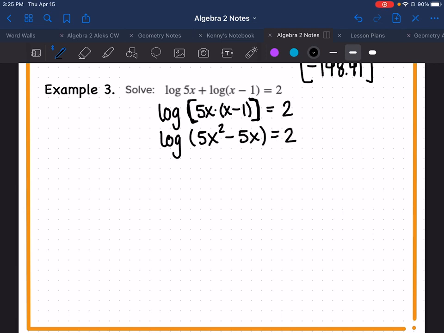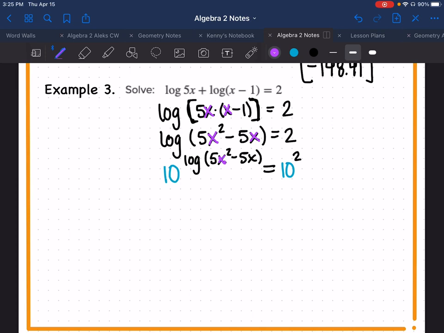Now I think I can use the inverse property to solve this problem. The base of my log is 10, so I'm going to raise both sides to the 10th power. And this side will be 10 to the second power, because when I'm solving an equation, what I do to one side, I have to do to the other.